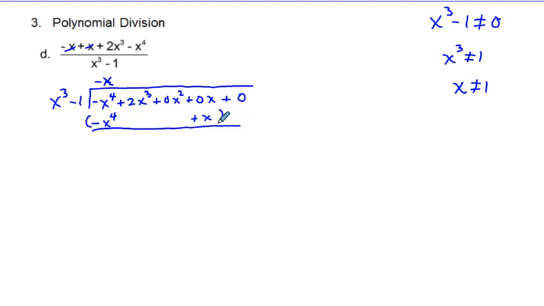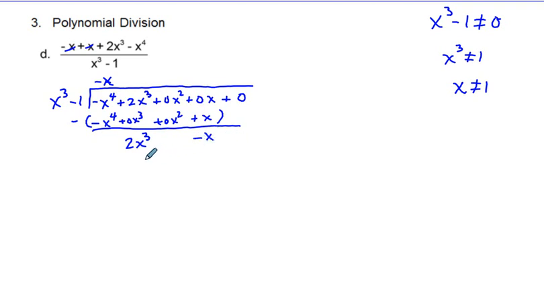When we subtract, we get 0 here, and then we have 2x cubed minus 0, because that's going to be plus 0x cubed plus 0x squared. Okay, just in case we miss out. So we're going to have 2x cubed here, and we're going to have 0x minus x, which is going to be negative x.